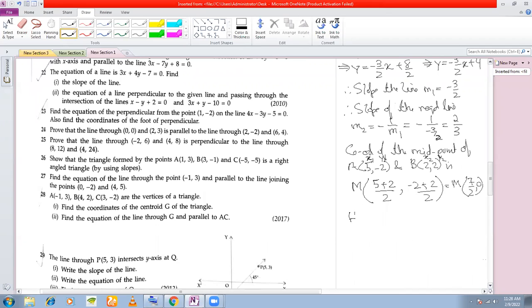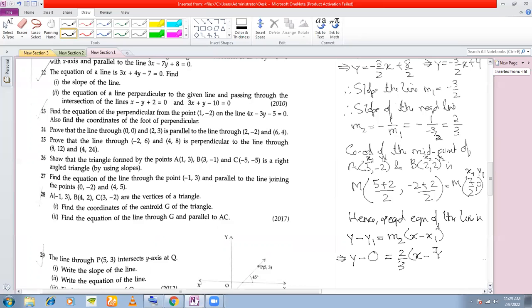So hence the required equation of the line is y minus y1 is equal to m2 into x minus x1, where (x1, y1) is this point. You have y minus 0 equal to 2 by 3 into x minus 7 by 2.